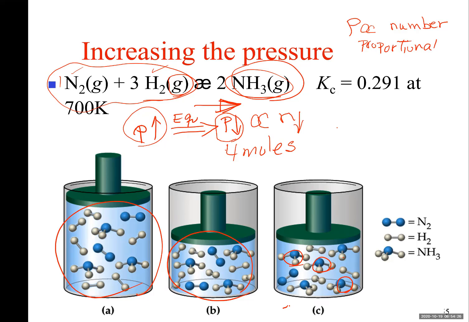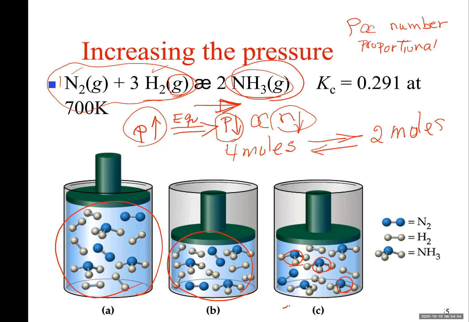And you know, moles is indicative of number of molecules. 4 moles on the left are converted to 2 moles on the right. Equilibrium is trying to decrease number of moles. Should it shift to the right or left?